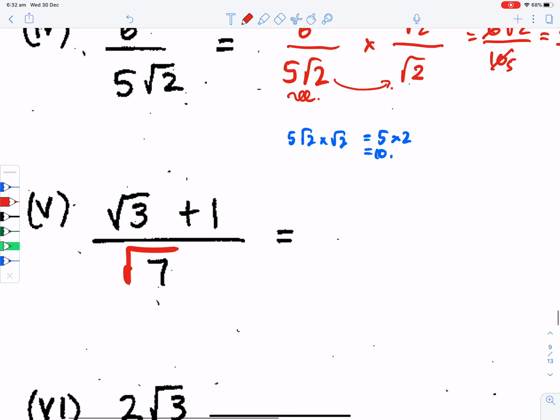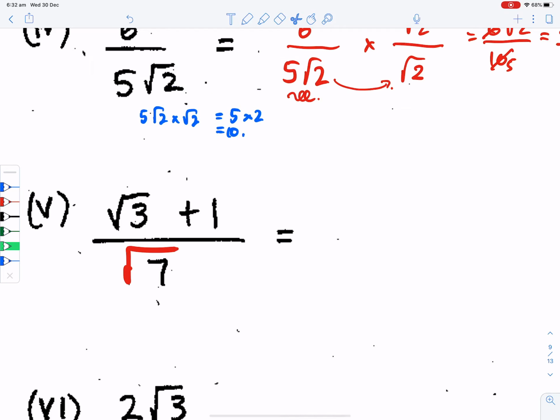Right, this next one you need to be very careful. Your denominator is root 7. What do you multiply root 7 by to make it rational? You times it by itself, root 7. So you're going to take the question and multiply the top by root 7 and the bottom by root 7.